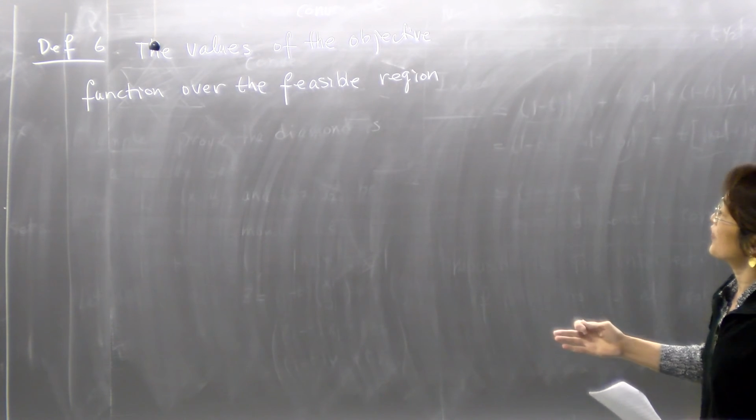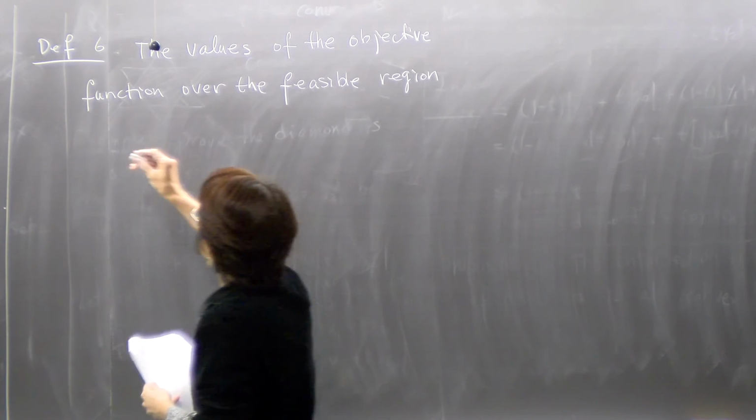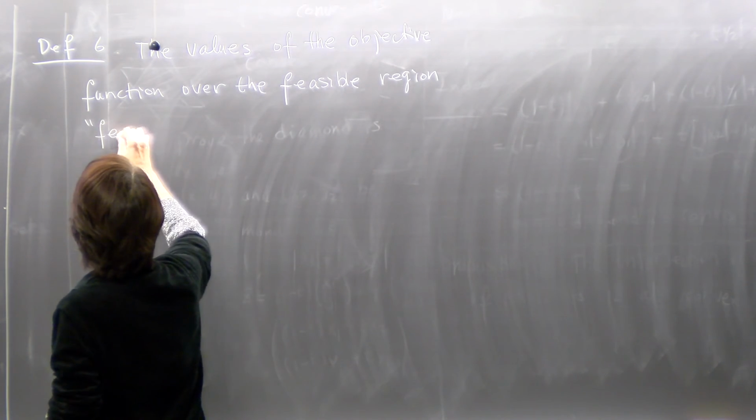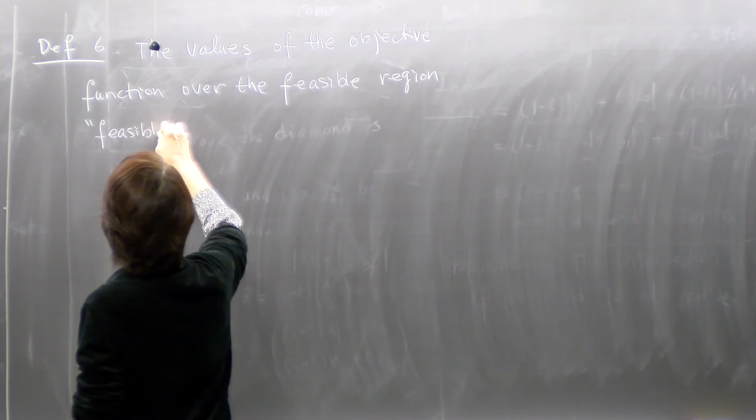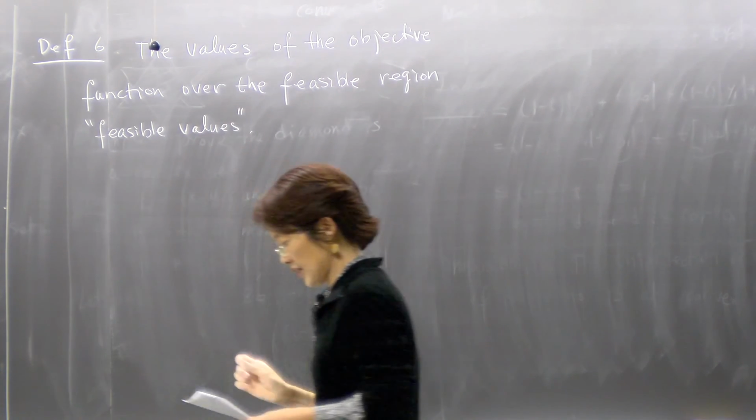It will take multiple values, and then I form a set. I call these values feasible values. And then I will form a set of all these values.